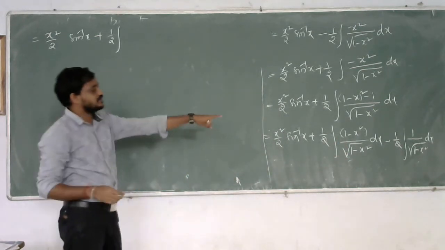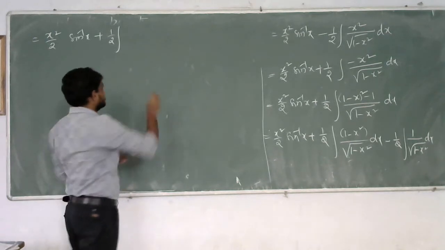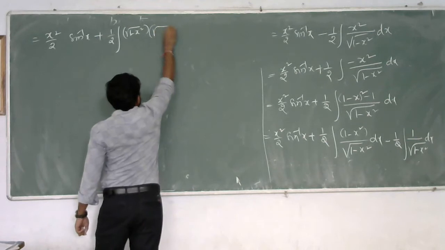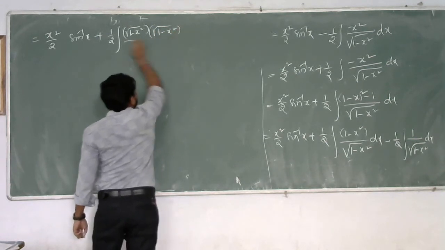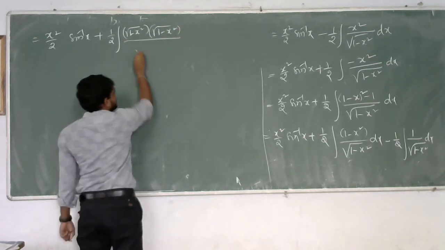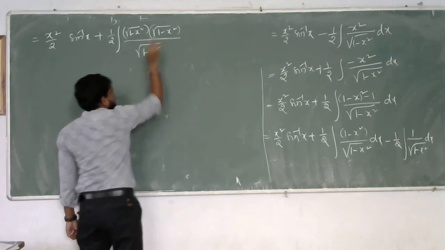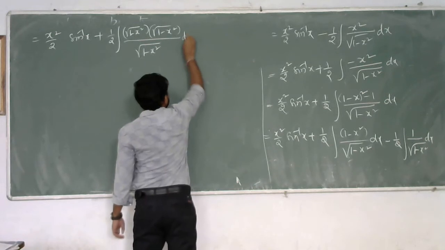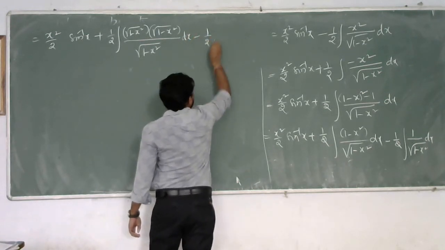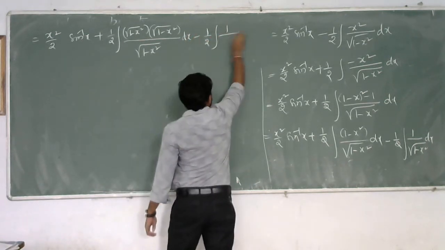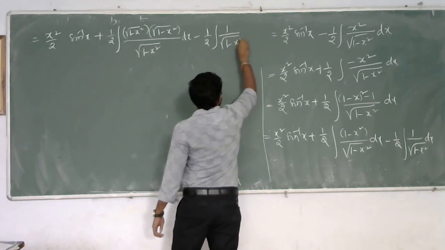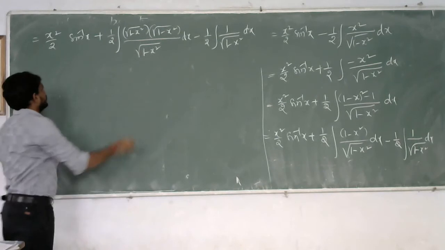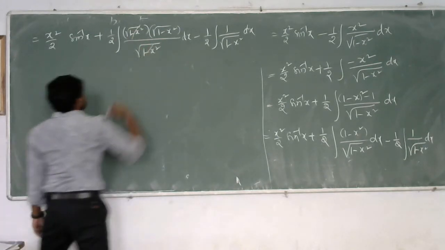So let us write that 1 minus x square as square root of 1 minus x square into square root of 1 minus x square, and in the denominator square root of 1 minus x square into dx. Then minus 1 by 2, the integral of 1 by under root of 1 minus x square into dx. Now cancel these two terms.